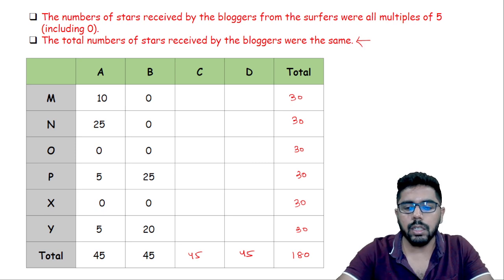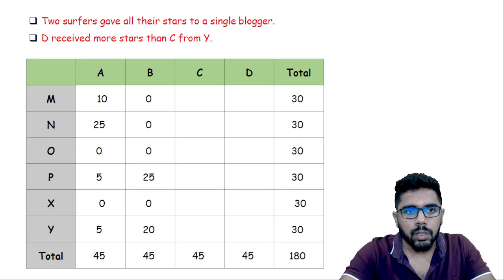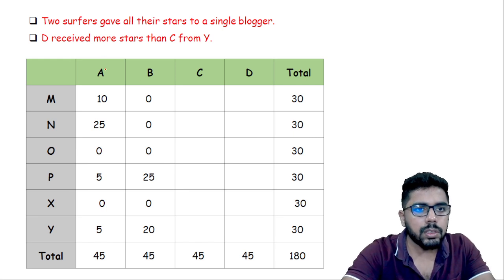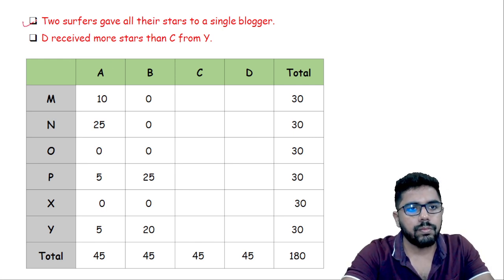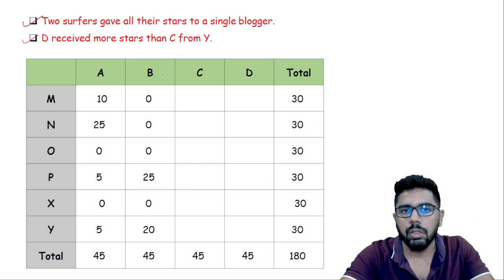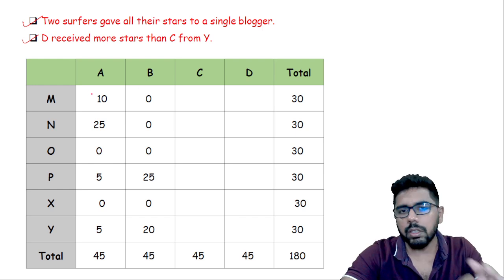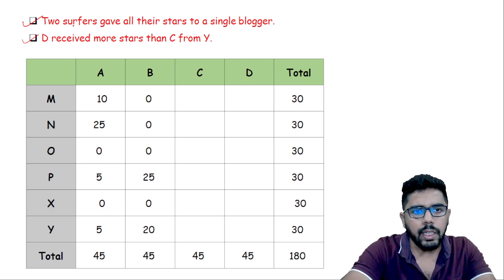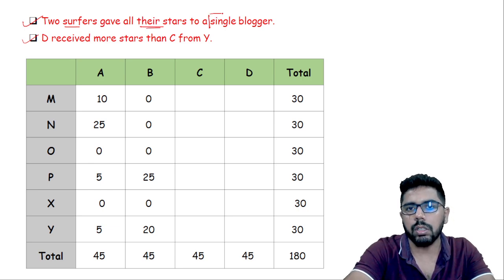Alright, so let's start. These are the two pieces of information that I'm going to pick initially. I didn't start with the first point, I started with these two. Now see, every surfer had 30 stars. It is saying two surfers gave all their stars to a single blogger.